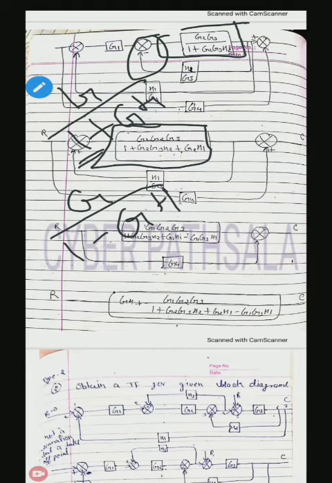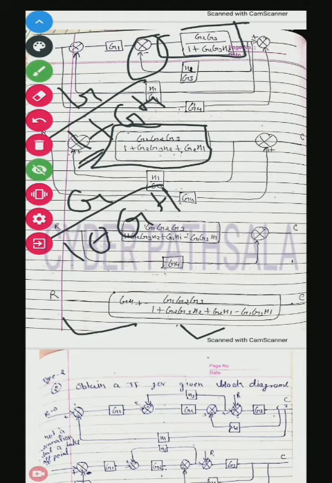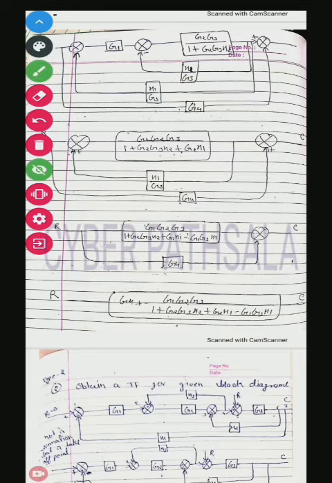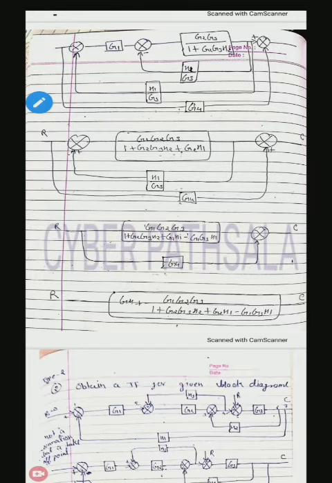When you have positive feedback, the sign changes. In this manner you can reduce these blocks and you get the transfer function C by R equal to G4 plus G1 G2 upon 1 plus G2 G3 H2 plus G2 H1 minus G1 G3 H1. Okay, this is the first type of problem. You will see in your exam, it's a very easy problem.